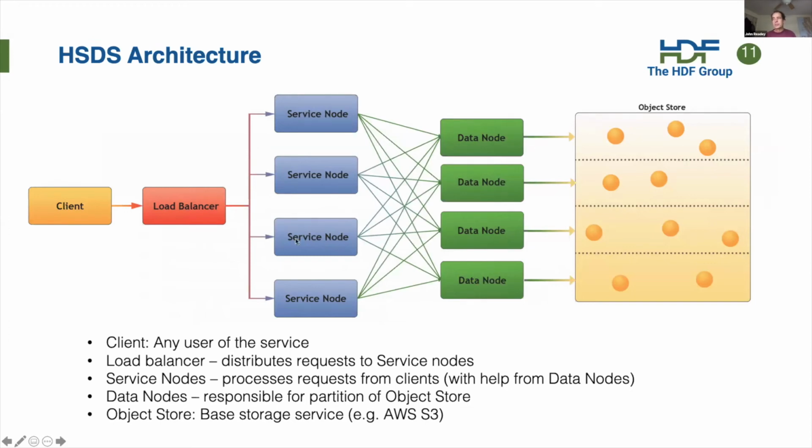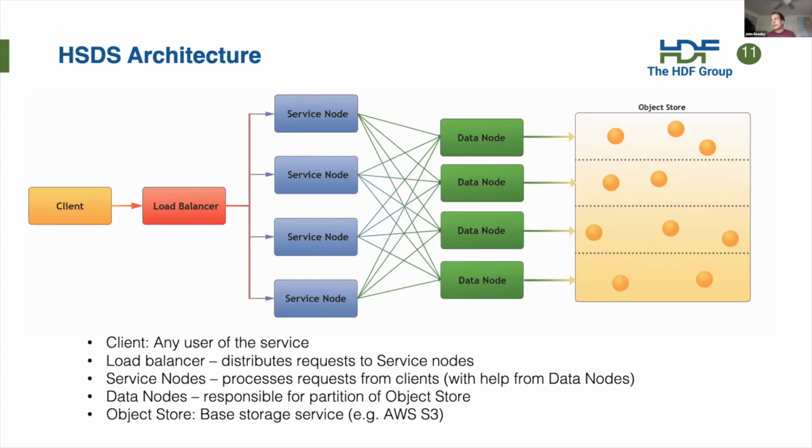The service node will authenticate the request, verify that the client can do what he wants to do, and then it will pass on a request to one or more data nodes. The data nodes in green are the containers that actually read and write data. And they're reading and writing to either a POSIX store or an object store.